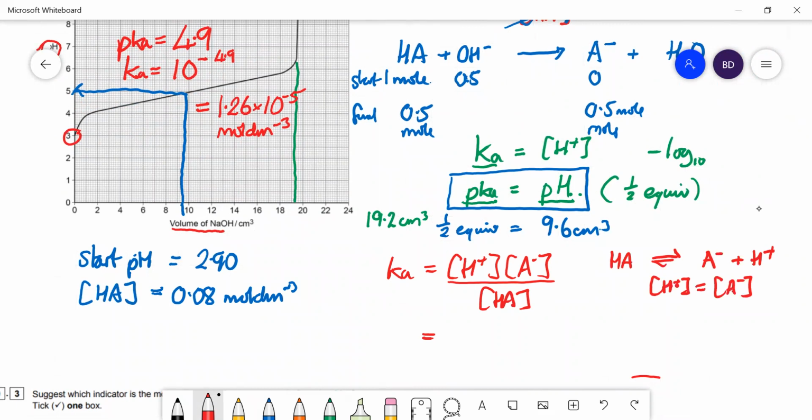Okay, so we've got that. Now H plus, we can work out the concentration of that because we know the pH. pH is 2.9, so that's 10 to the power of minus 2.9, which is equal to 1.26 times 10 to the minus 3.